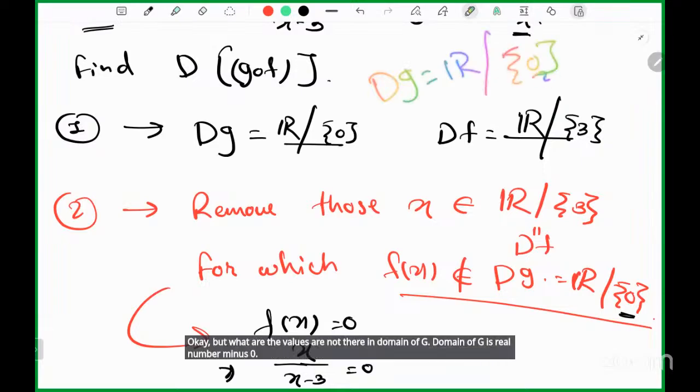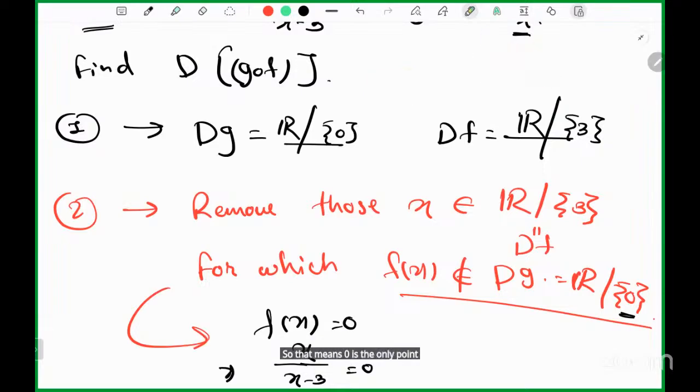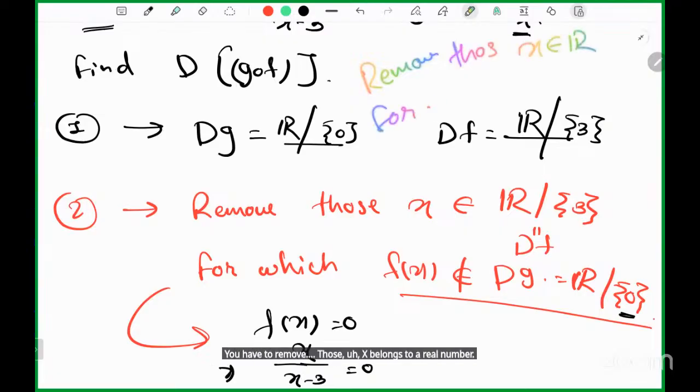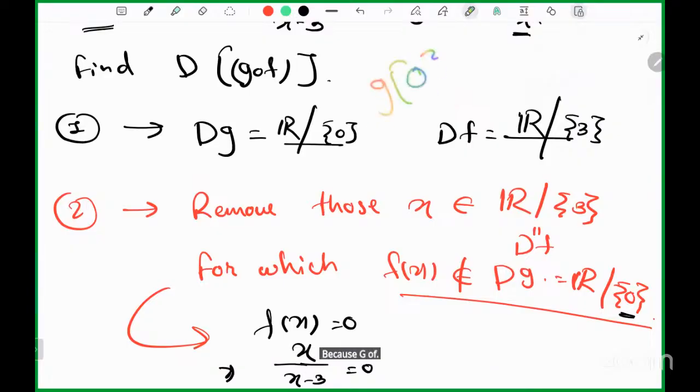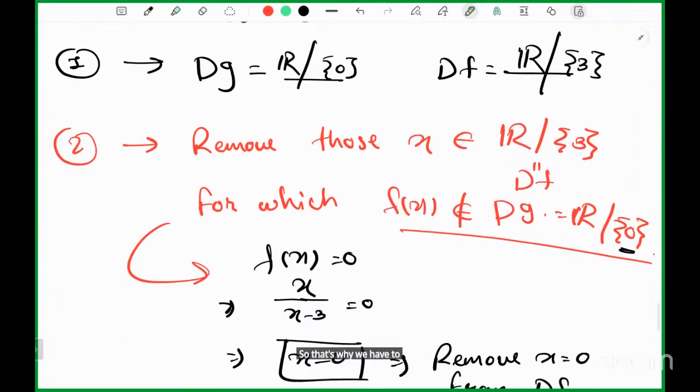So 0 is the only point which is not in the domain of G. So you have to remove those x belonging to real numbers for which f of x becomes 0, because G of 0 is not well defined. If f of x becomes 0, you cannot apply the G function on that. So we have to find the value of x for which f of x becomes 0.